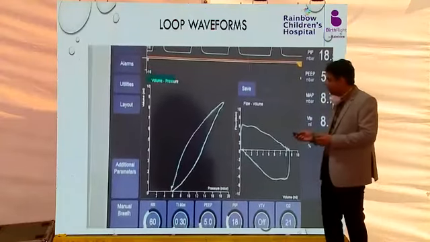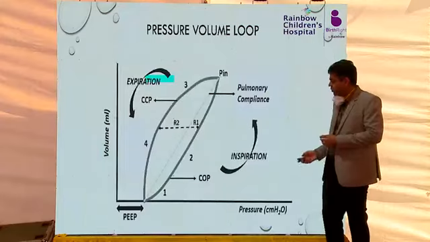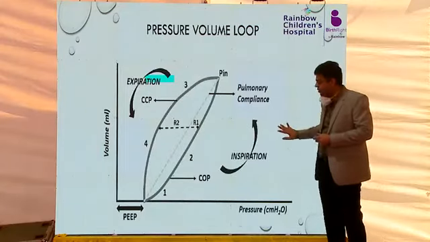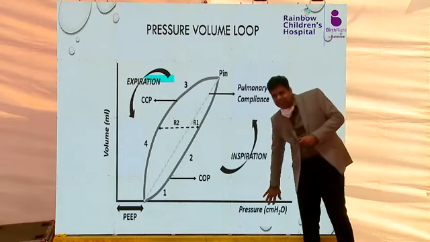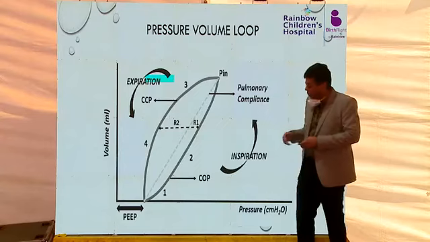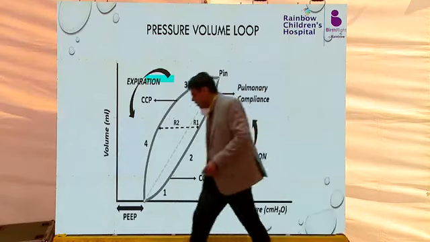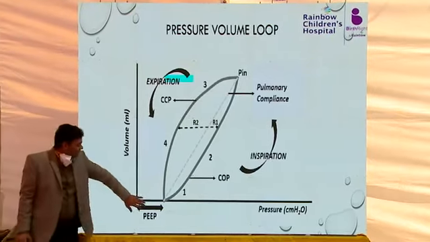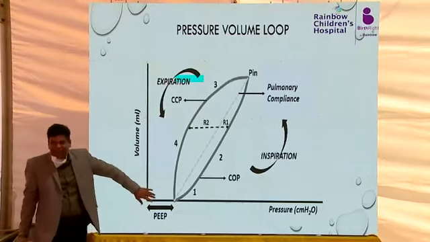We are going to discuss the pressure volume loop. On the x-axis is the pressure, on the y-axis is the volume. So when the breath starts, actually it's difficult without a pointer.